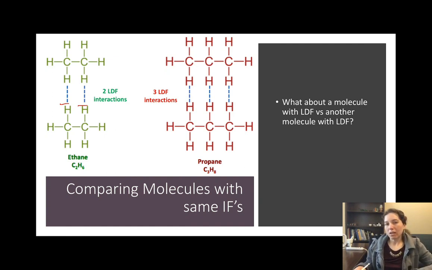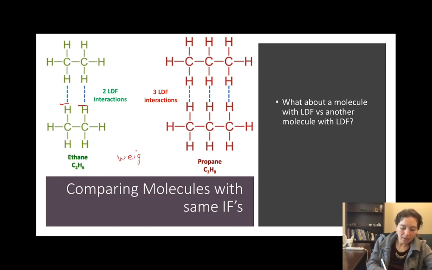So what you'll see here is that when something has the same intermolecular force, we often go by weight. The bigger the molecule, the more attraction there is in between molecules of itself. So the higher the weight, usually the higher the boiling point, because we have more attractive forces.